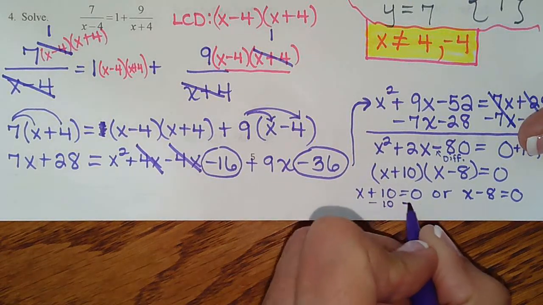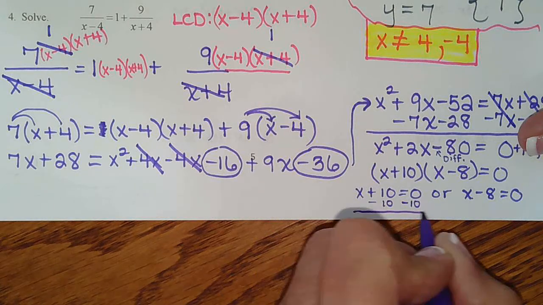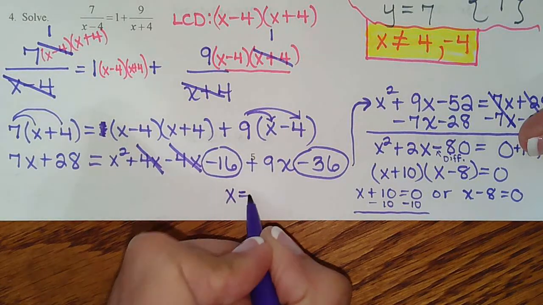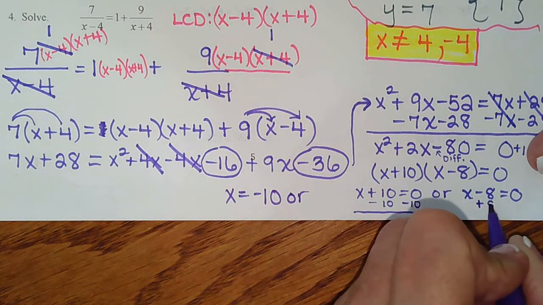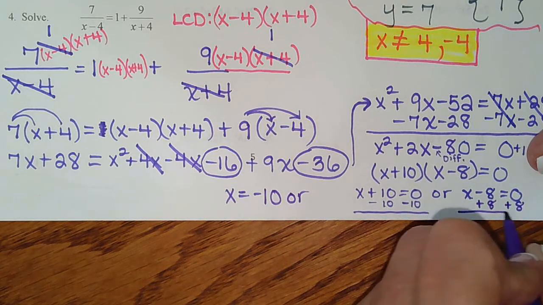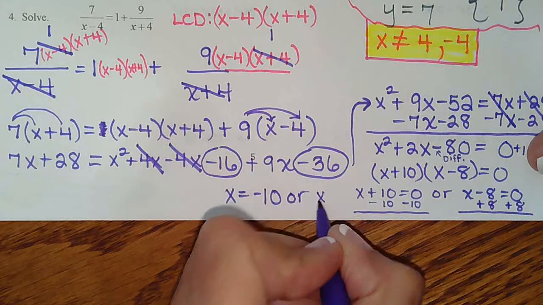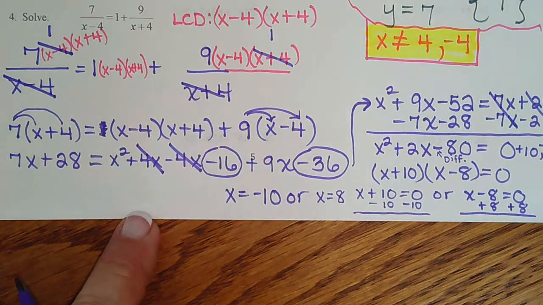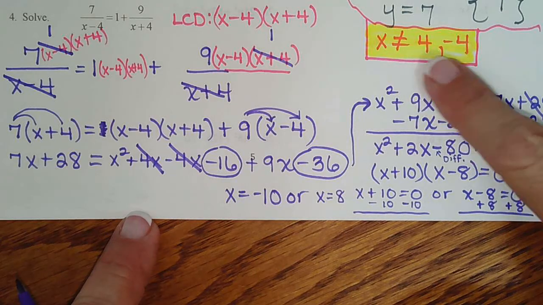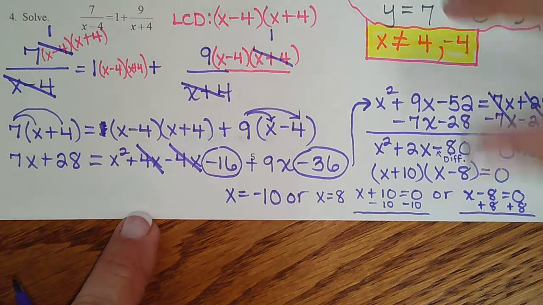So x equals negative 10. Let's put that over here. Or plus 8, plus 8. X equals 8. And then before I put those in solution sets, I have to look up here. Are either in the restriction box? Nope.